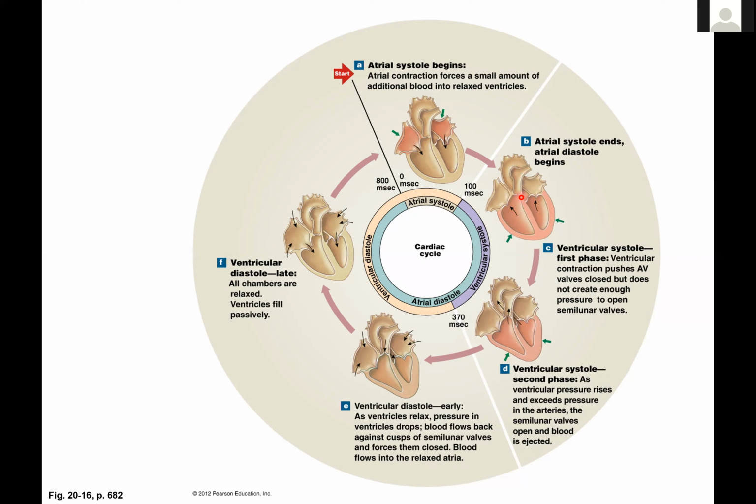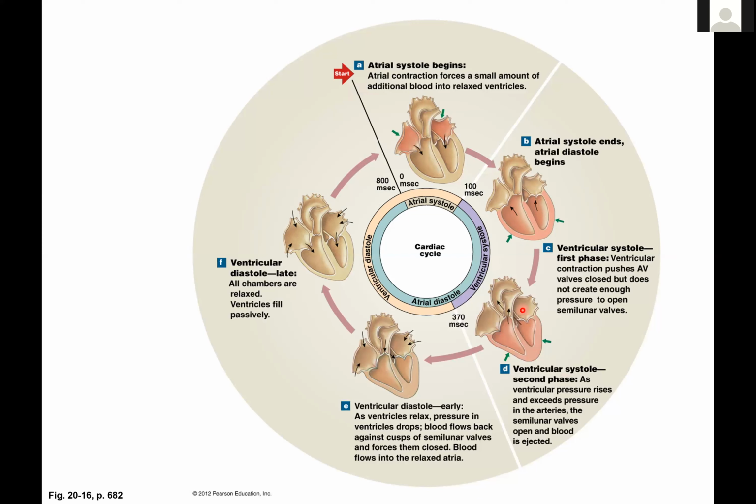This phase during which we have an increase in pressure but no change in volume because blood's not being ejected yet is called isovolumetric contraction. Iso means same, volume means volume. So isovolumetric contraction means a change in pressure and contracting without a concomitant change in volume.